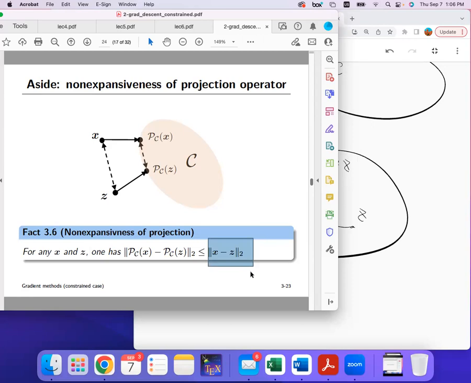Now, if you project these two points onto a certain convex set, x projected onto this set gives the projection point PC(x), and z onto this set gives PC(z). This result shows that the distance between these two projected points is always smaller than or equal to your original distance. So this is called non-expansive. After projection, your distance is always smaller.